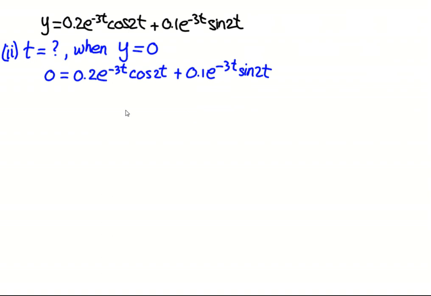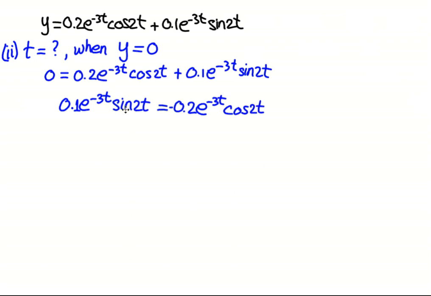Let's move the cosine to the other side. So I subtract the cosine on both sides. So do that, and we will have 0.1 e to negative 3t sine of 2t equal to negative 0.2 e to negative 3t cosine 2t.